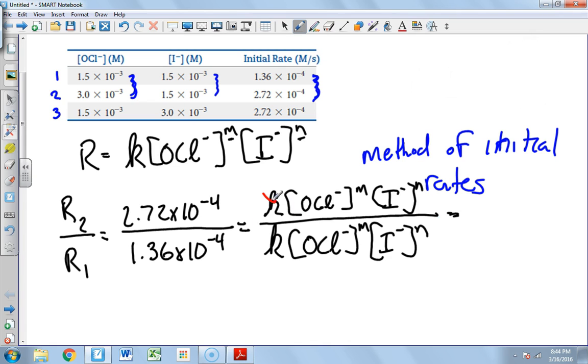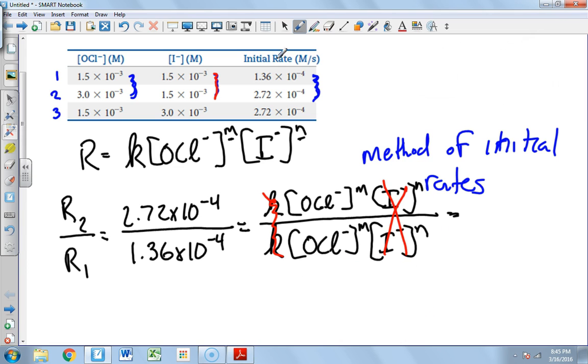Because what we know is K is going to stay the same, so the K's cancel out. Now we picked experiments 1 and 2 because look at the concentrations. The concentrations of I minus stay the same, so this over this is going to cancel out as well.